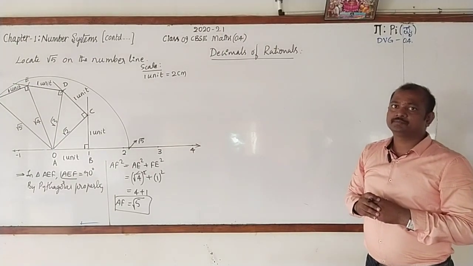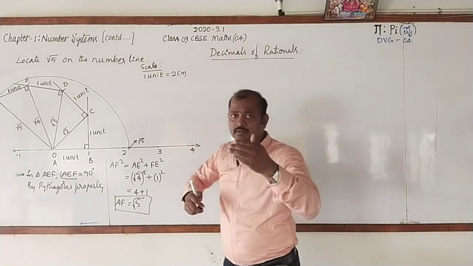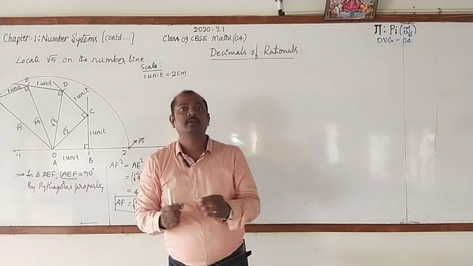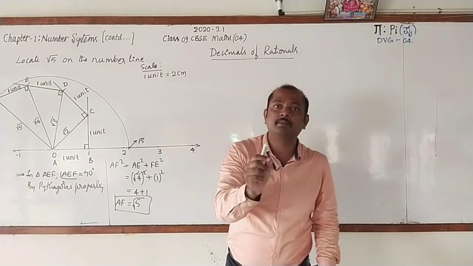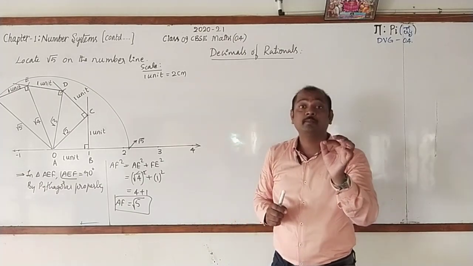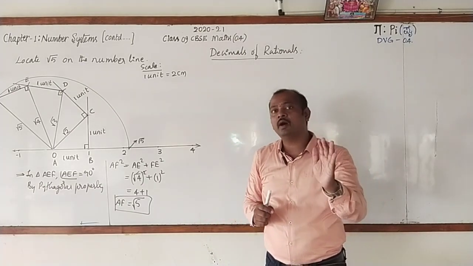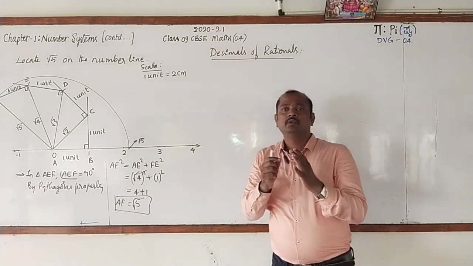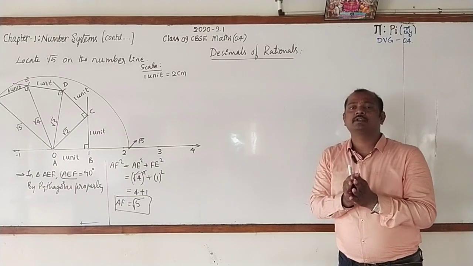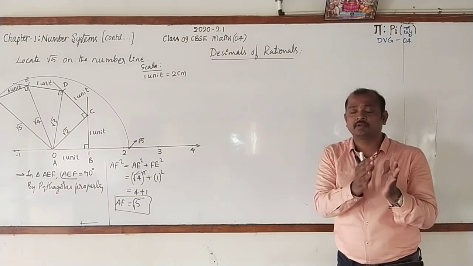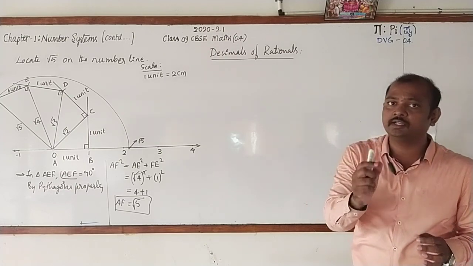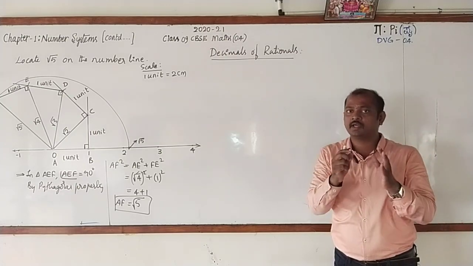Dear students, a rational number can be defined in terms of decimals as a number whose decimal expansion is terminating or non-terminating recurring. To tell whether the decimal expansion of a rational number is terminating or non-terminating, is there any condition? Yes, there are conditions.